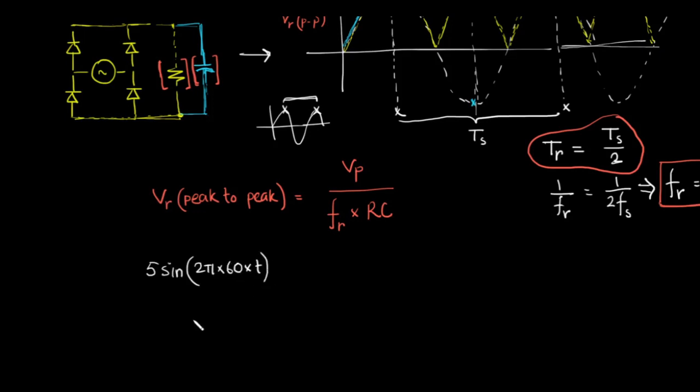I am applying this signal to the input of a full wave rectifier, and at the output I have a resistor of 10 kilo ohm resistance and 10 microfarad capacitance. So what will be the peak to peak ripple at the output of the rectifier?